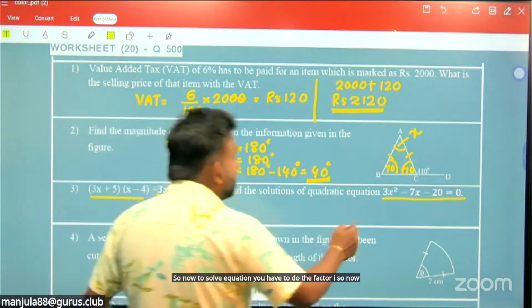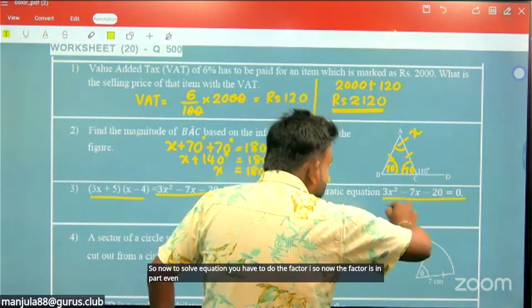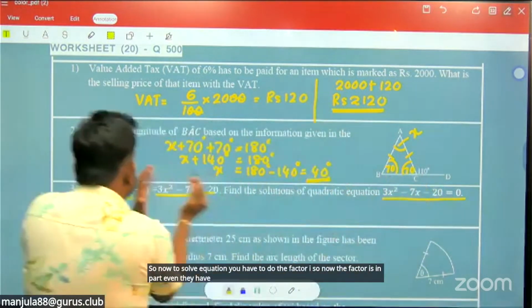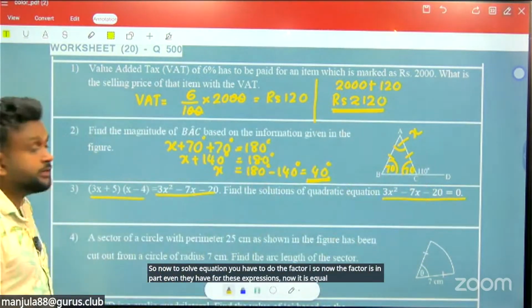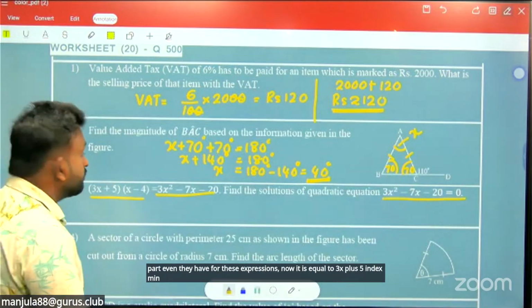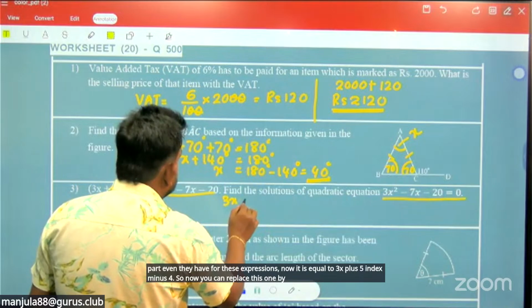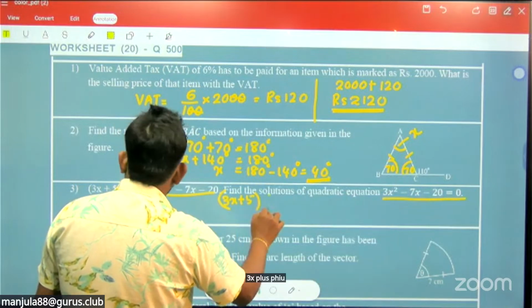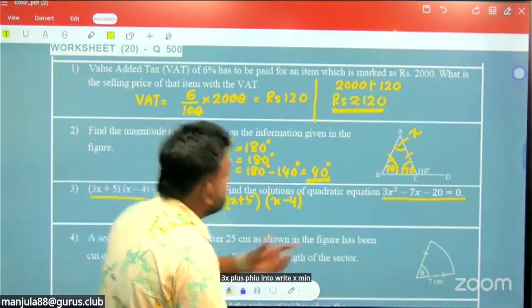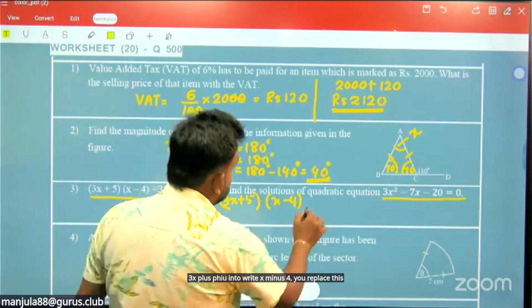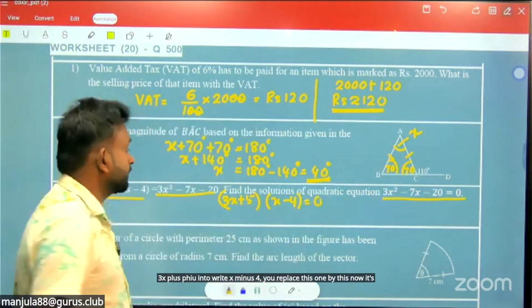Now the factorizing part is given for this expression. It is equal to (3x plus 5) into (x minus 4). So now you can replace this expression by (3x plus 5) into (x minus 4). You replace this one by this. Now it is equal to 0.